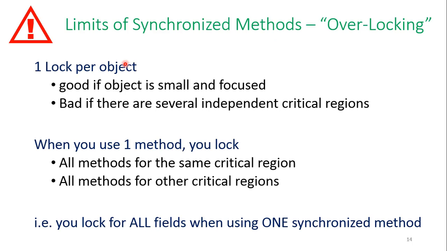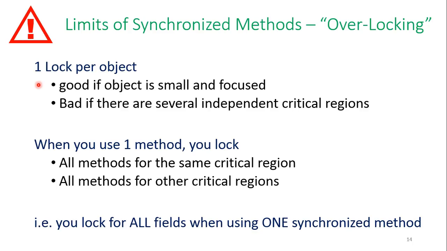More specifically, remember I said we have one lock per object. So if that class was really focused, and objects of that class were only wrapping around one of the two data fields, that would be fine. This is an example we saw previously with our counter.